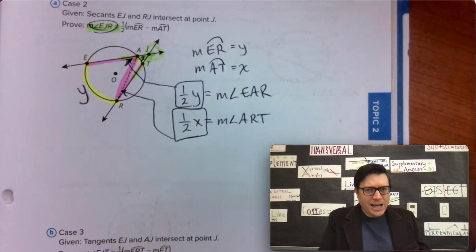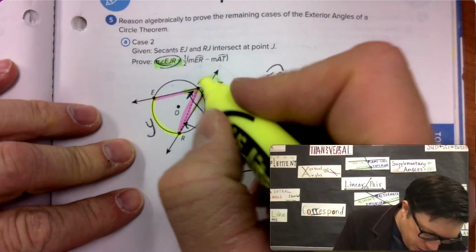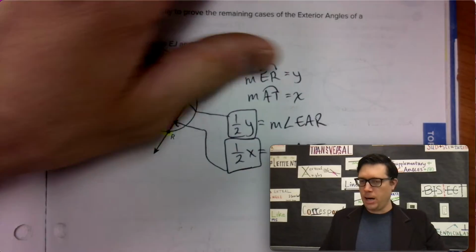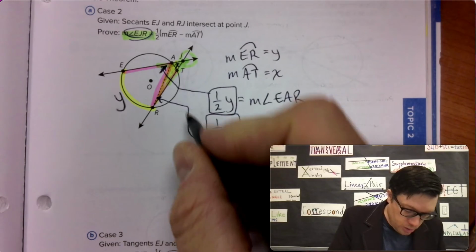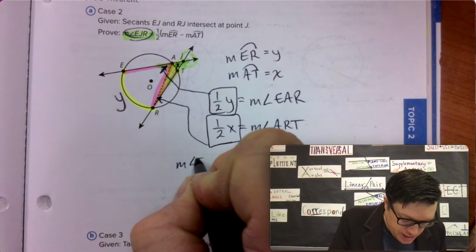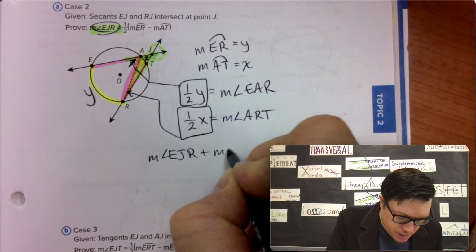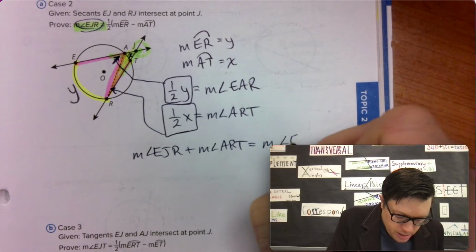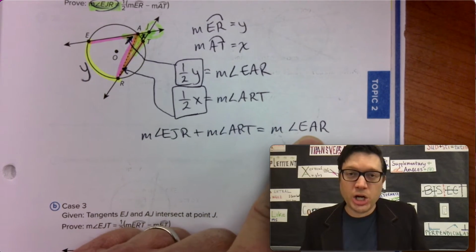If I look back at page 370, didn't we do something with a triangle? Because these 3 angles meet and create a triangle, by the exterior angle theorem, the 2 remote interior angles, angle EJR and the measure of angle ART, equal the measure of the exterior angle, angle EAR.